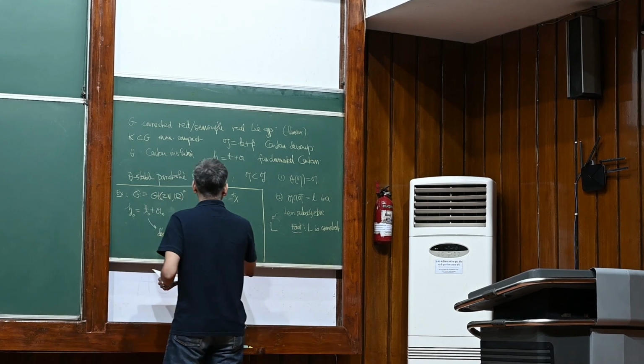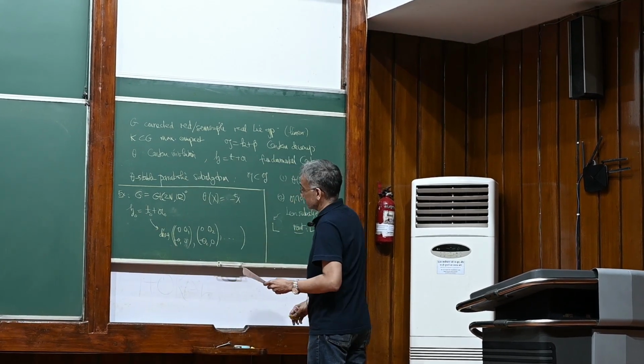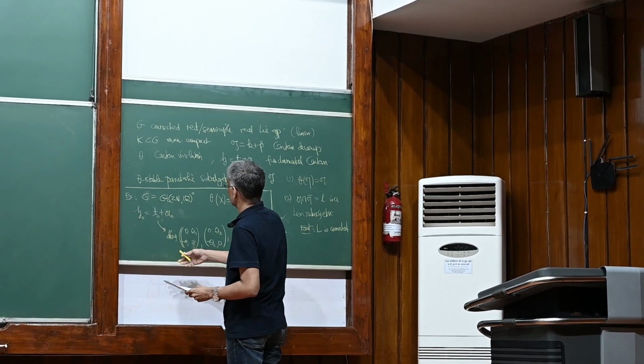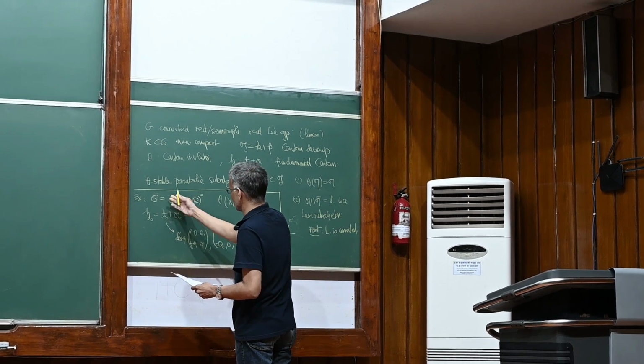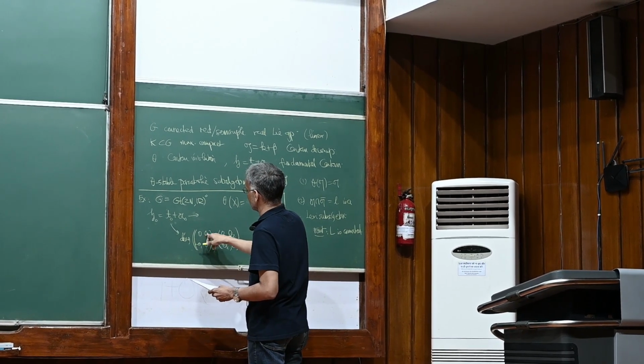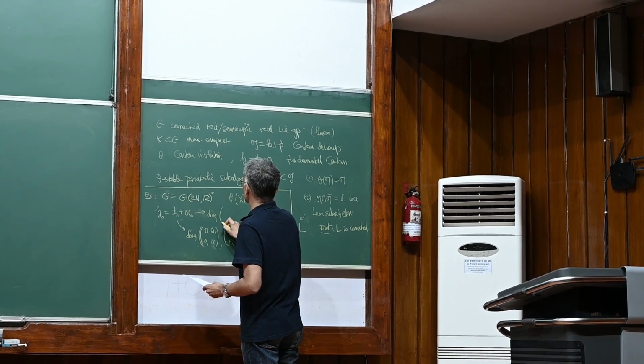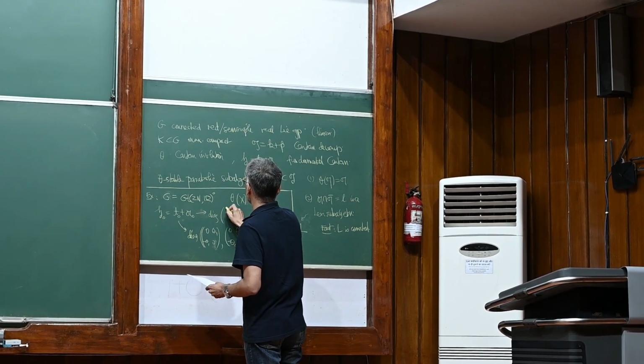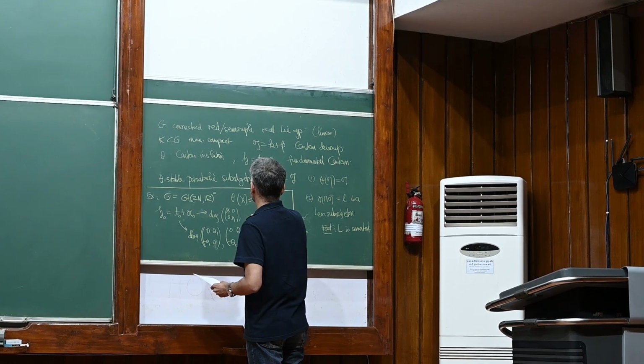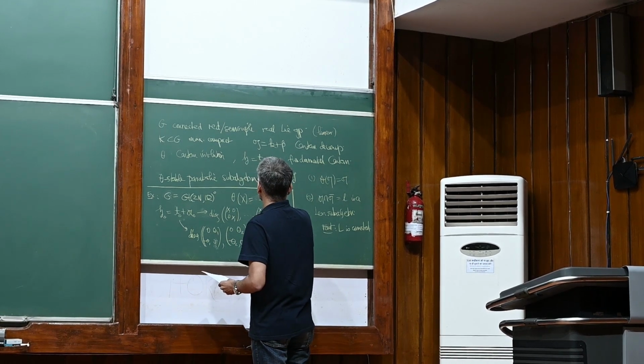That's the convenient choice for t naught. For example, in SL2 or GL2, you just have the span of 0, 1, minus 1, 0. And one takes this to be the diagonal span of, say, x1, x1, and blocks like this.